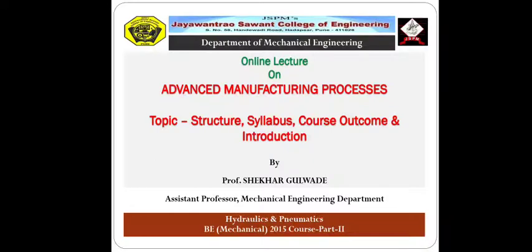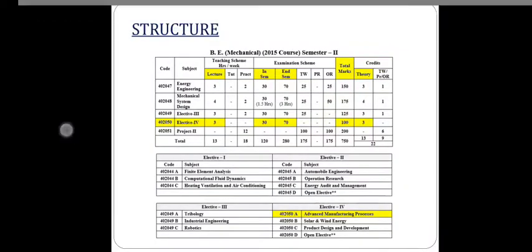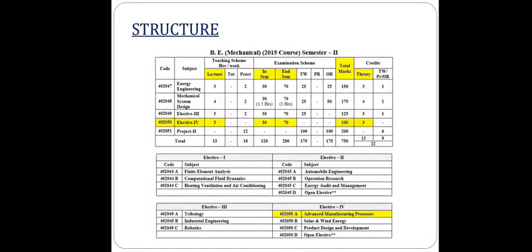Now in this lecture, we will discuss first of all the structure, then the syllabus, then the course outcomes and the introduction of advanced manufacturing processes. First of all, this is all about the structure.